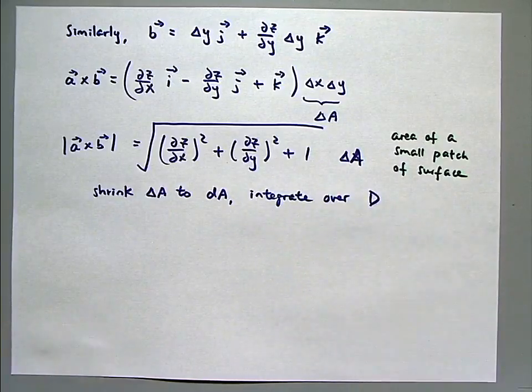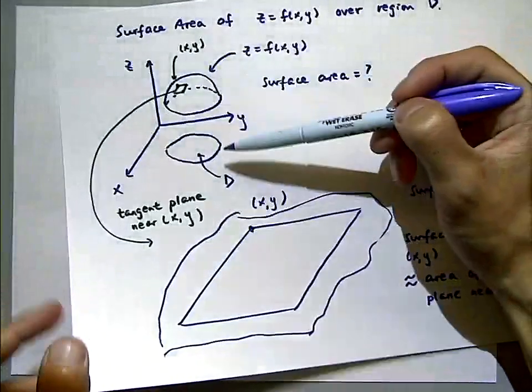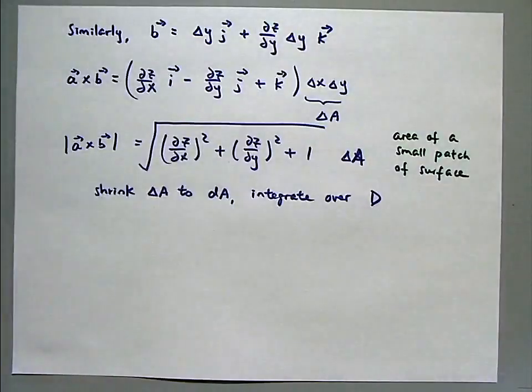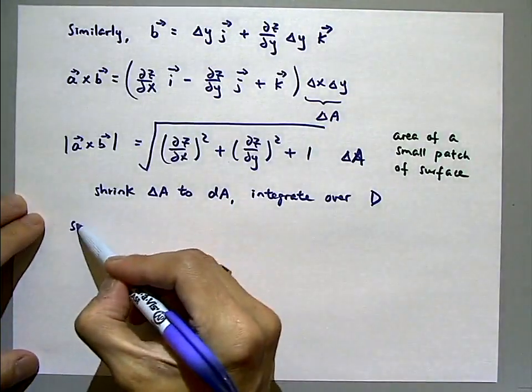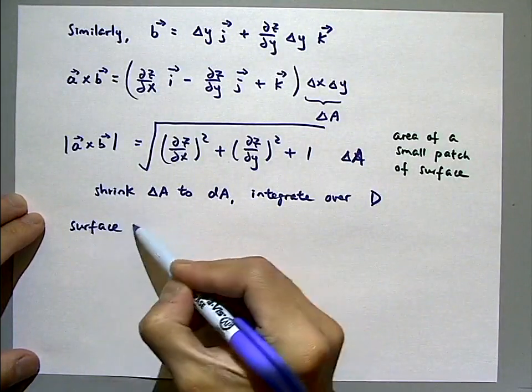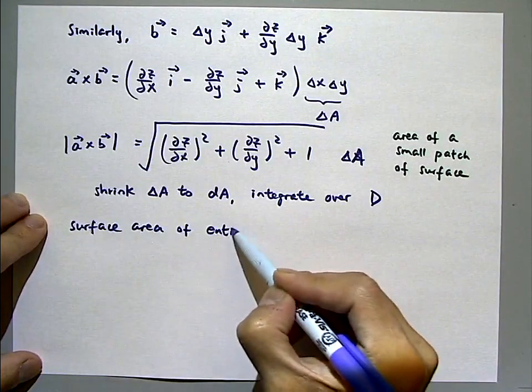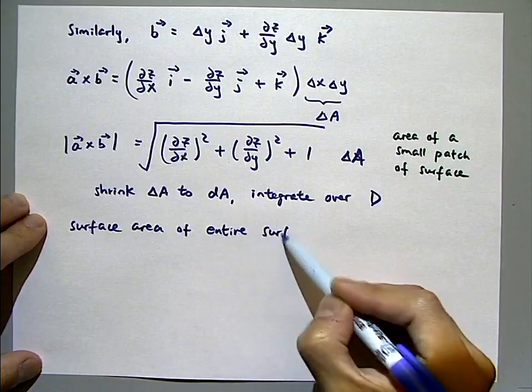And then integrate over the region D. Remember, region D is the shadow of that surface on the xy plane. We integrate over that. So that's going to give you the surface area of the entire surface.